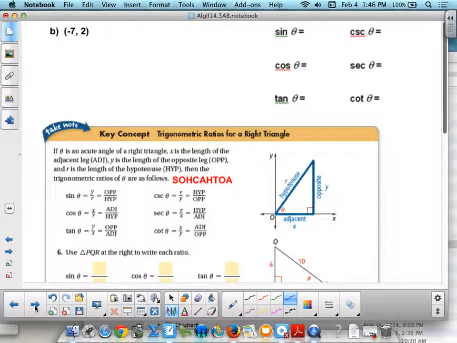I think you guys have 7 over negative 2. Okay, so go ahead, fill in the triangle with the number.